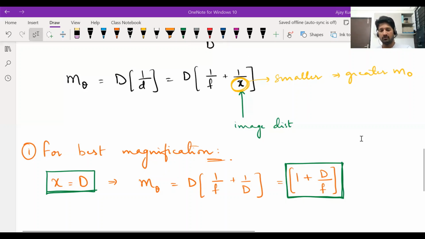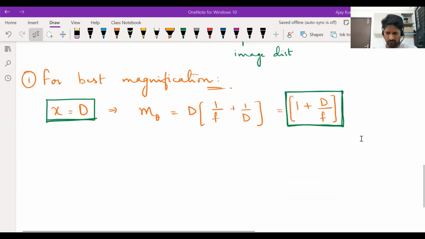Looking at an object for long durations by keeping it at the shortest possible distance is stressful for the eye. So you get the best magnification when the image is formed at the near point distance. Closer the image, better the magnification. But closer the image, greater the stress on your eye to look at it for long durations.